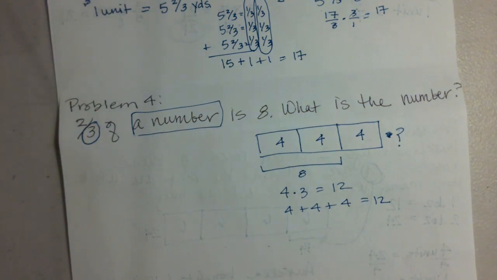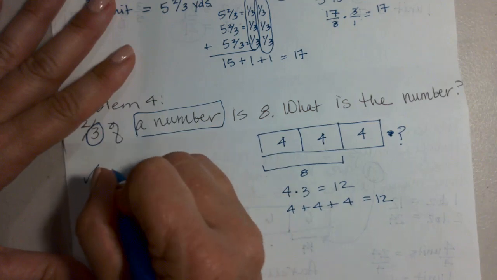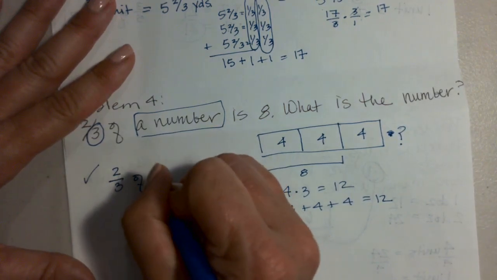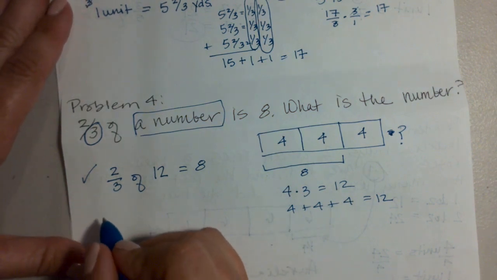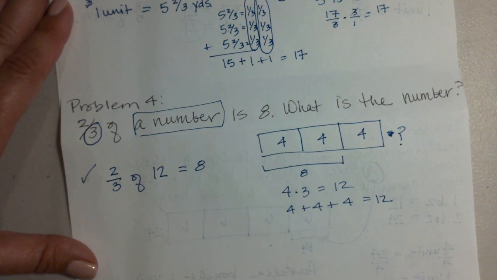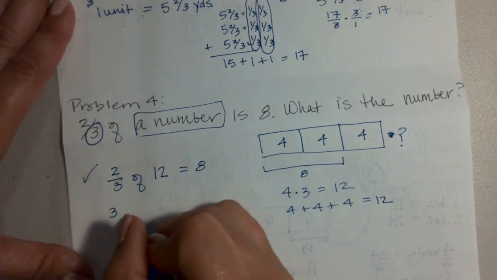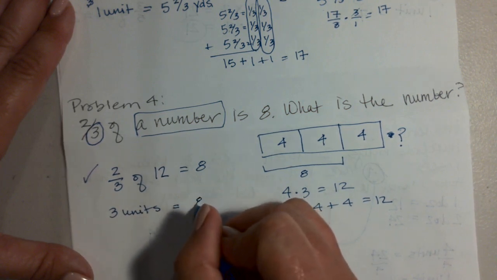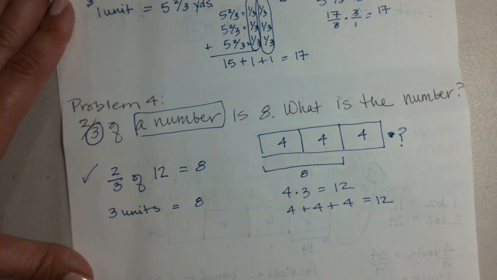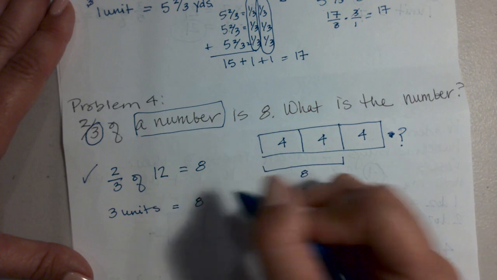All right. So to check your answer, like 2/3 of 12. So we could check our answer. 2/3 of 12 equals 8, right? So we could say 3 units of 12.